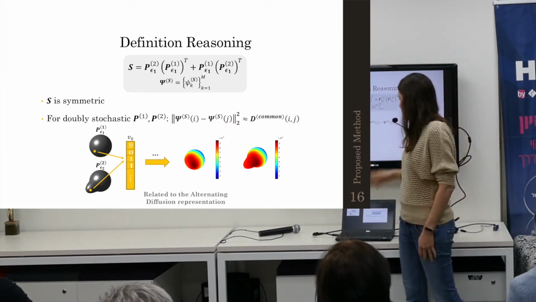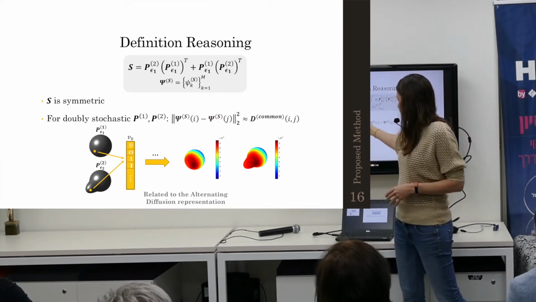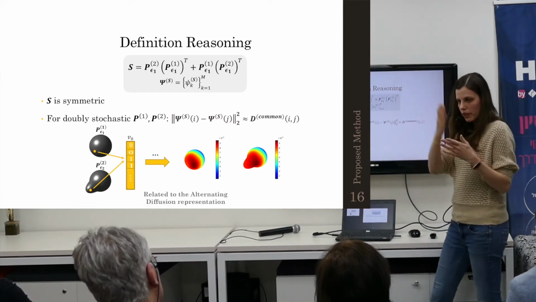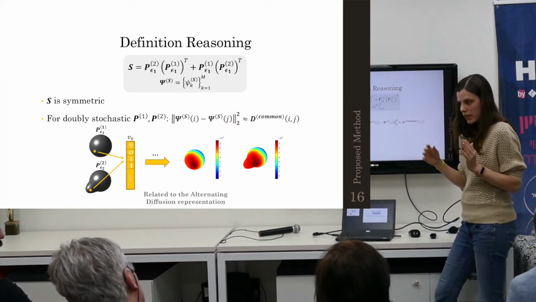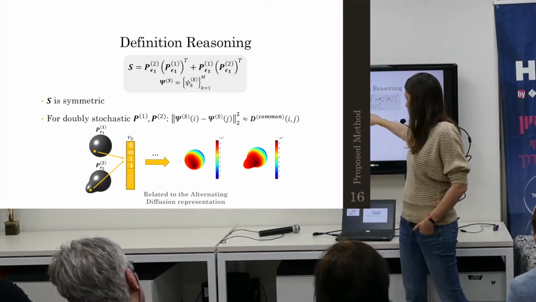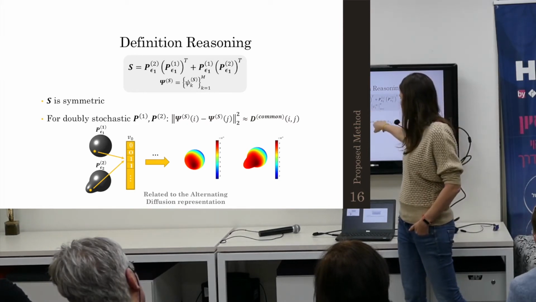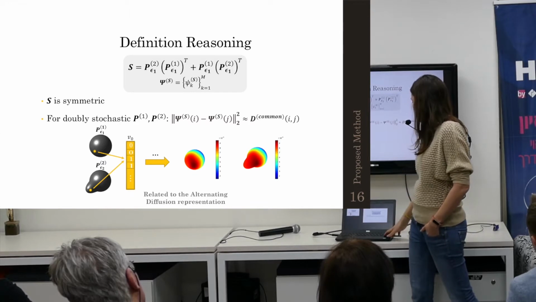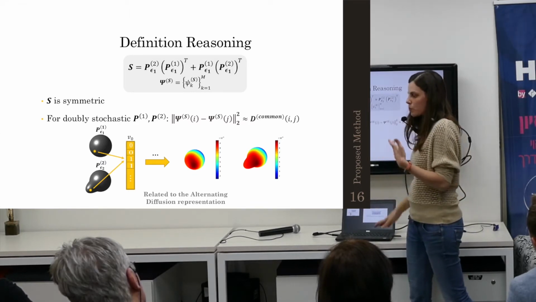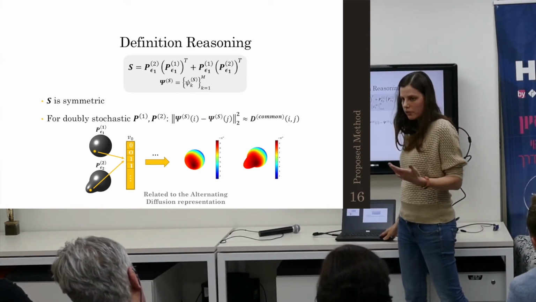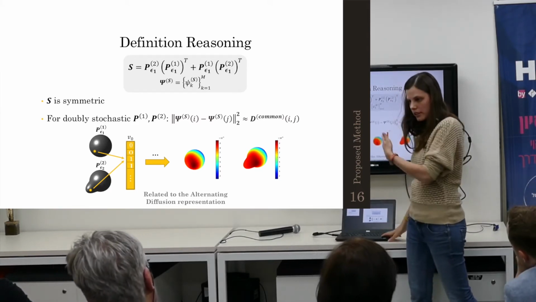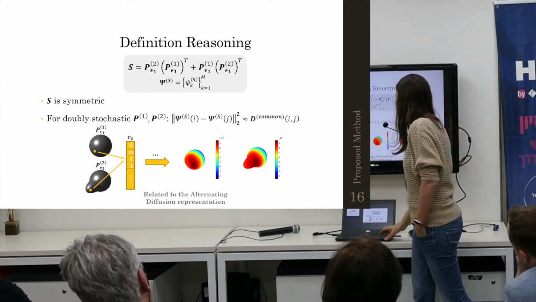But what's more nice about it is that if we take two doubly stochastic matrices, meaning that both the rows and the columns sum up to 1, then we also have the meaning of the Euclidean distance between these coordinates, that it approximates the diffusion distance that we would have obtained on the common variable if we had access to it. So this is similar to what we showed in the alternating diffusion case.